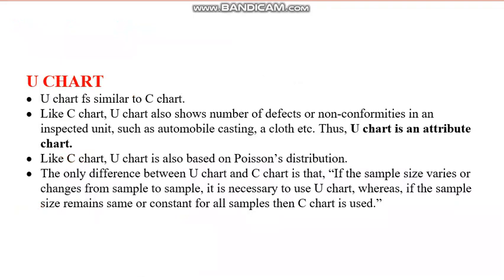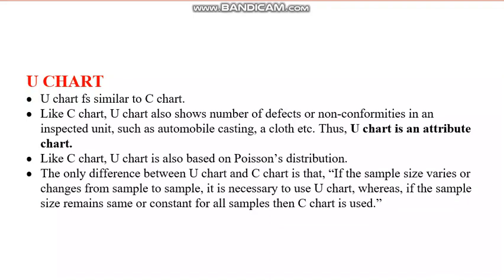Now next, let us talk about U chart. U chart is similar to C chart, and like C chart, U chart also shows the number of defects, not defectives. So this also is used for defects, like automobile casing and cloth.